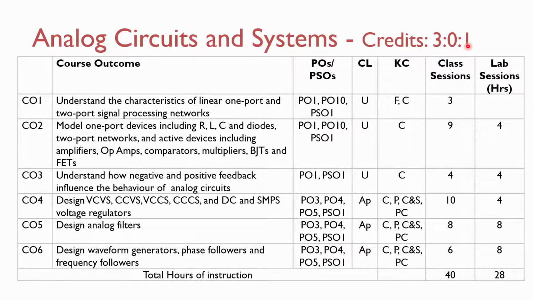Analog circuits and systems, 3:0:1, that means a lab is associated with that, and you have something like 40 lectures and 28 hours of lab. And here, there is an attempt to include other POs. For example, take this: understand the characteristics of linear 1 port and 2 port signal processing networks. PO1 is fine, PSO1 is fine, but PO10 is related to communication.